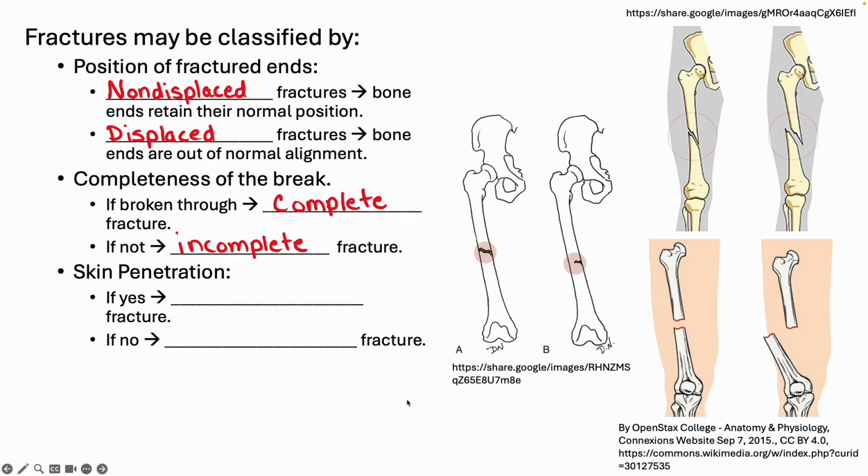And then the final way you can classify a fracture is based on whether it penetrates the skin. If it's going through the skin, like we see here, then we call it an open or compound fracture. If it's not, then we say that it is a closed or simple fracture.